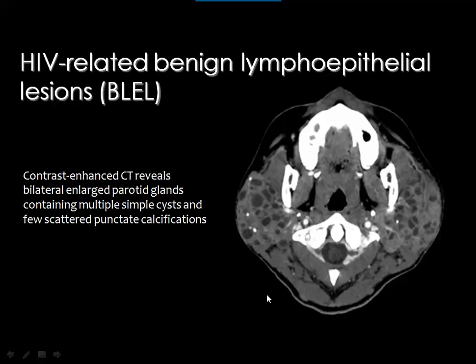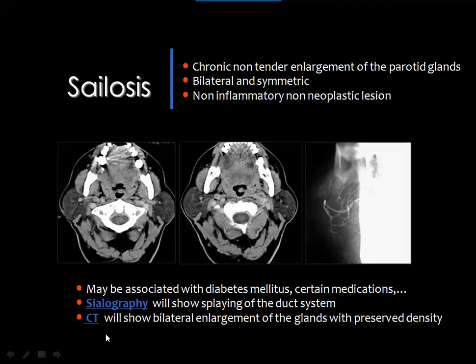This patient is known to be HIV positive. The parotid glands are enlarged, containing numerous cyst-like structures together with punctate foci of calcification. And if you don't know the history, this is good for the diagnosis of Sjögren's disease.